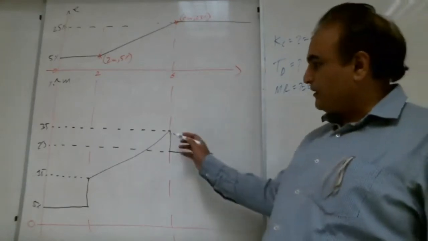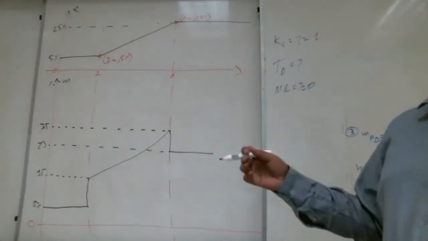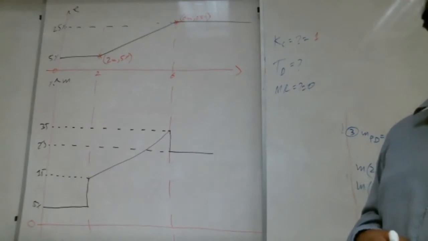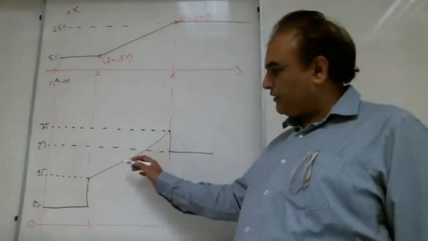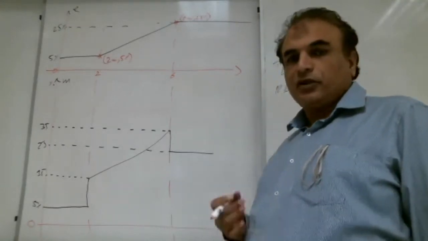One brother is writing, find the slope of this. What is slope of this, Shabab? This line slope is 5. So how do we find the TD?